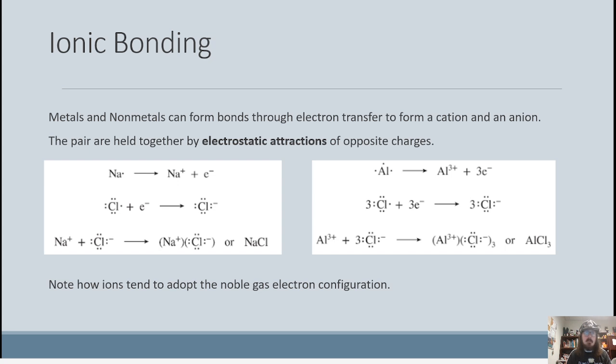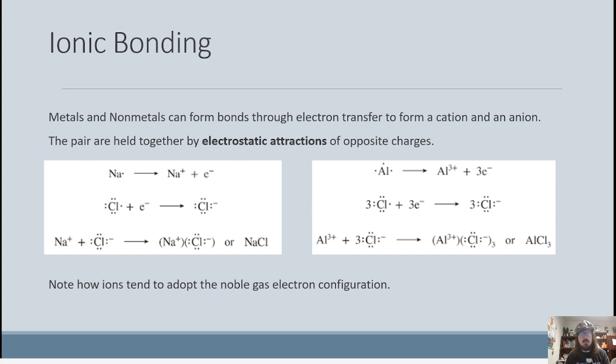They either want to have zero valence or full valence at best. So now these pairs are, as I said, held by electrostatic attractions. Basically, opposite charges attract. So if you have a positive charge and a negative charge, they want to stick together.